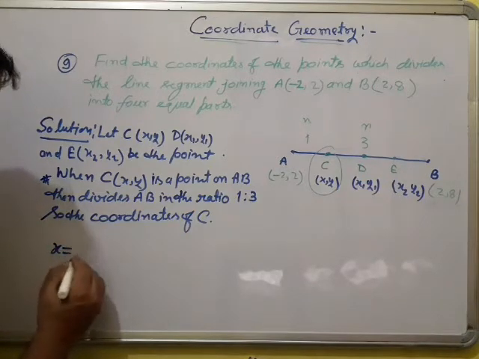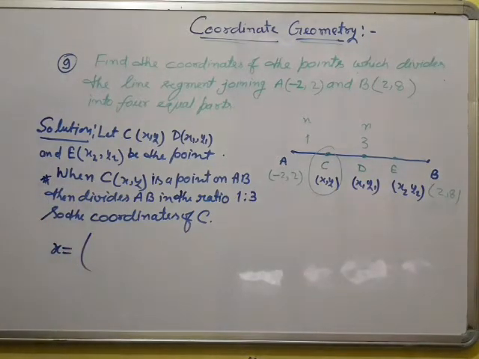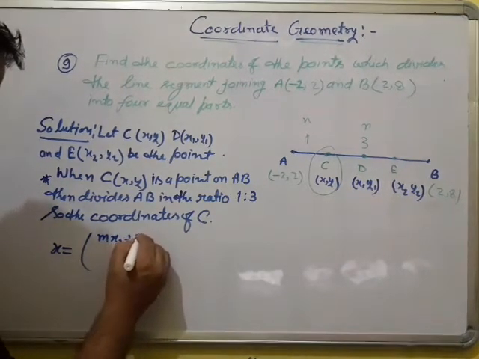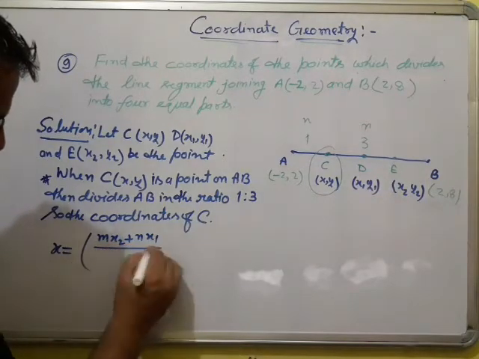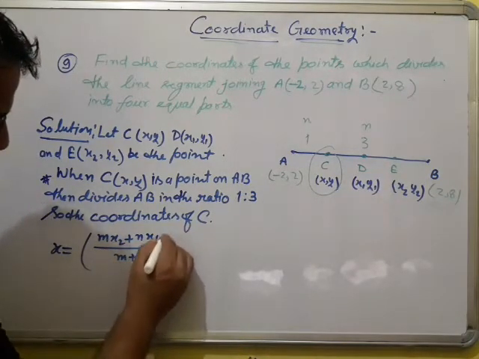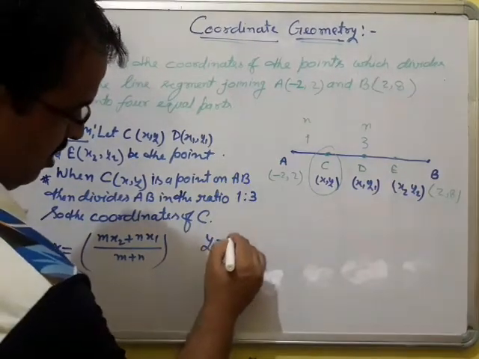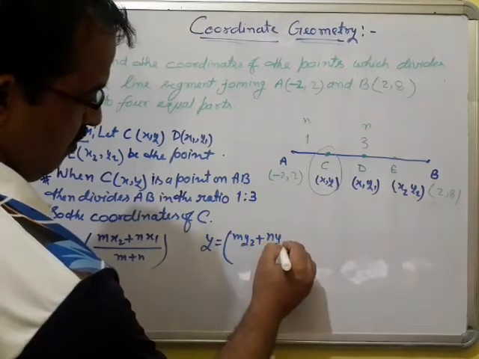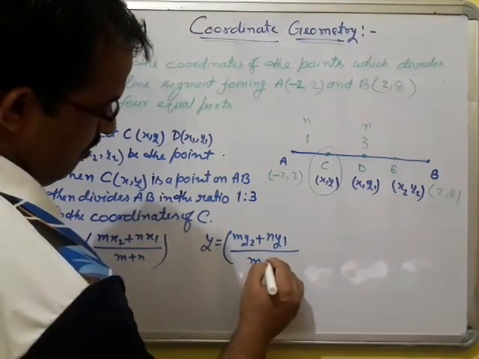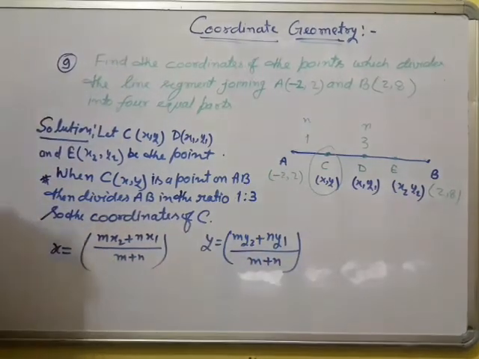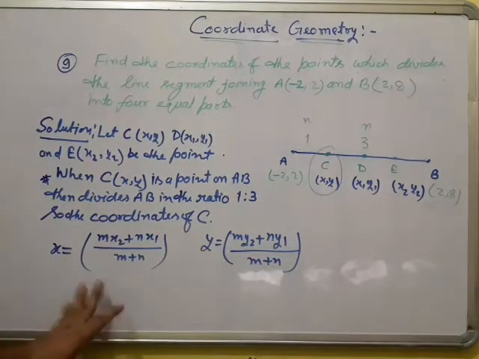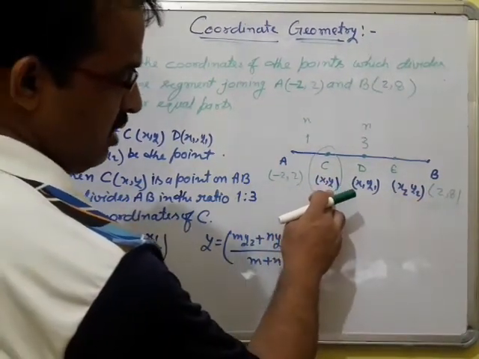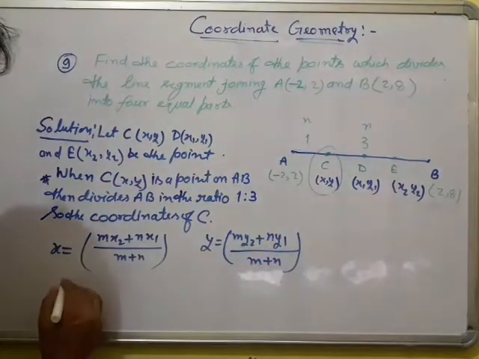X is equal to (M x2 + N x1) upon (M + N), and for Y, (M y2 + N y1) upon (M + N). Now put the values.